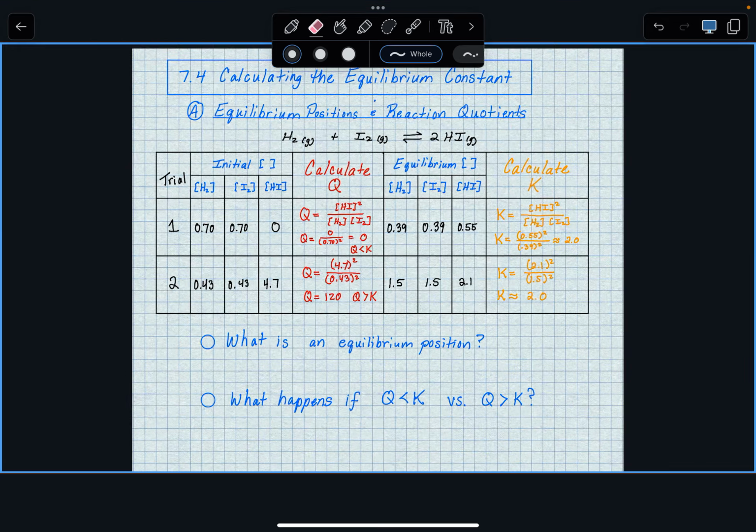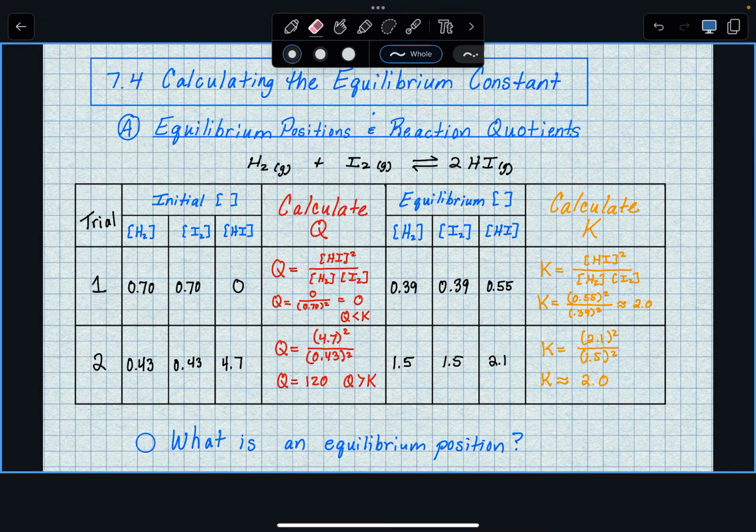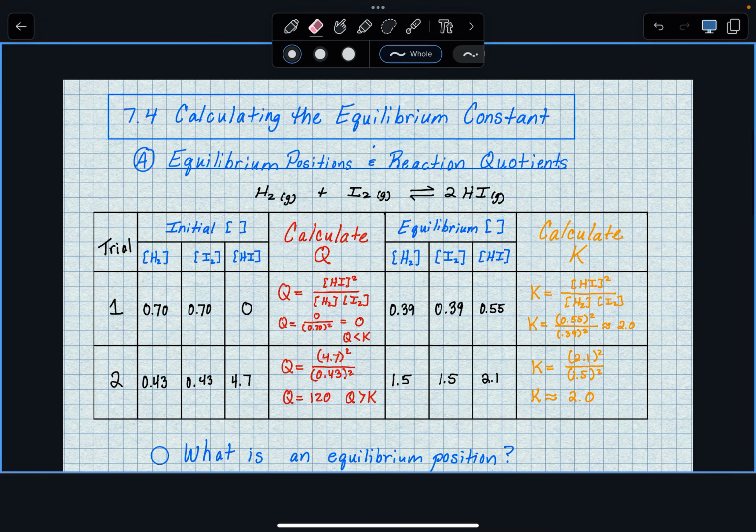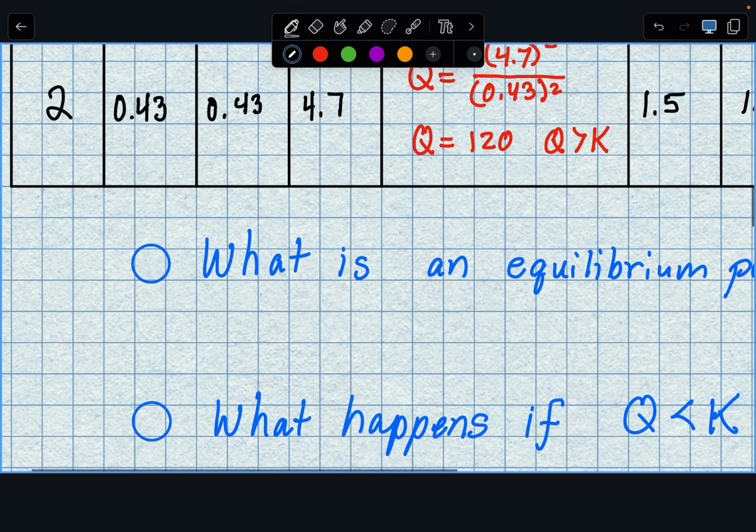And that's kind of the point, that the equilibrium constant is constant, meaning that it's constant for this reaction at a specific temperature. And so it doesn't really matter what the initial concentrations are. It's almost like the equilibrium concentrations are semi-predestined because they have to give us the same equilibrium constant, in this case 2.